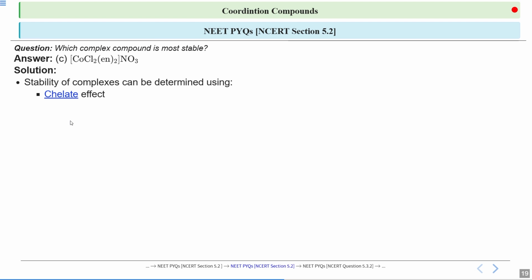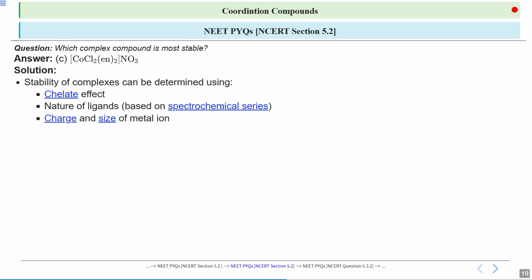The second factor that determines the stability of a complex is the nature of the ligands, which we tell based on the spectrochemical series. Next is the charge and size of the metal ion present in our complex. Then the fourth factor is crystal field splitting energy.